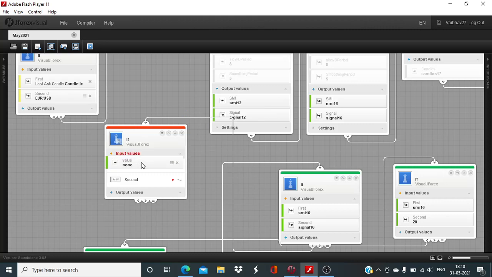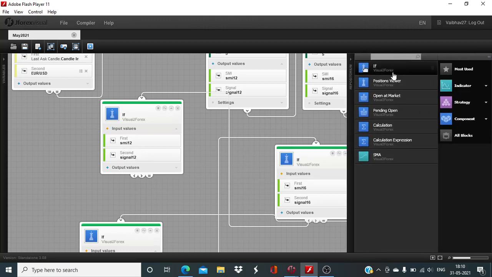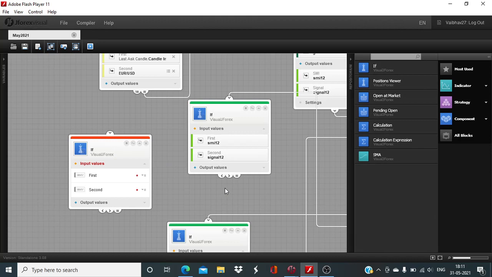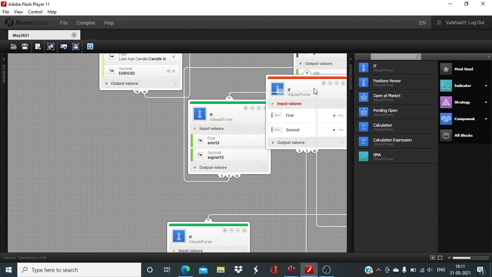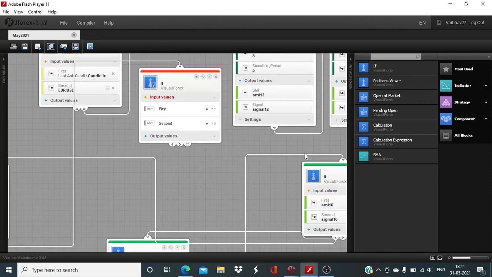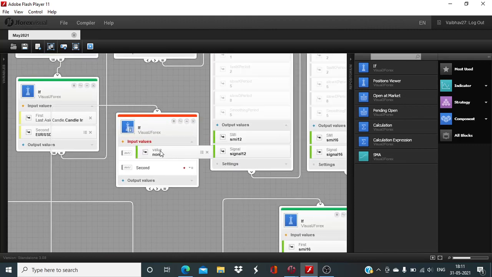So now we will need SMI 12 to be greater than signal 12. First input greater than second input, and of course the condition that SMI and signal value should remain above 0.